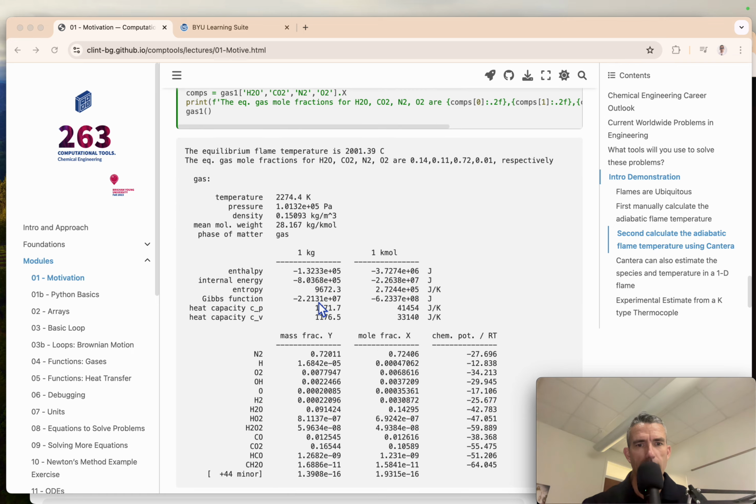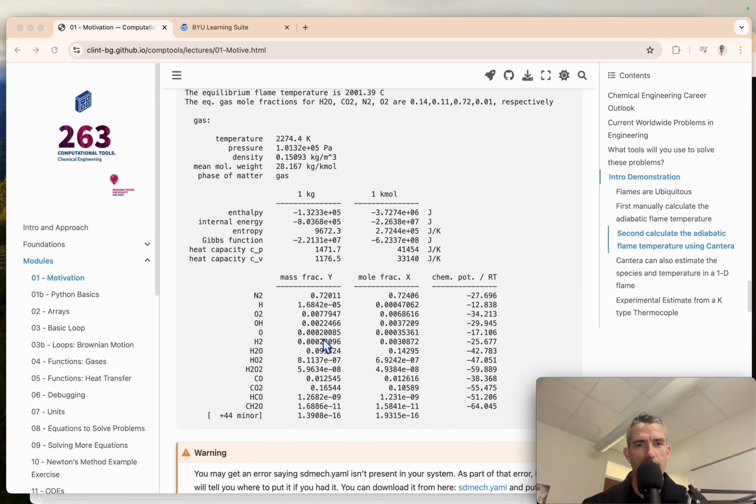And it calculates instead of just those two species, what all the species are in the gas phase. And you can see there's that nitrogen from air, some hydrogen in that flame.